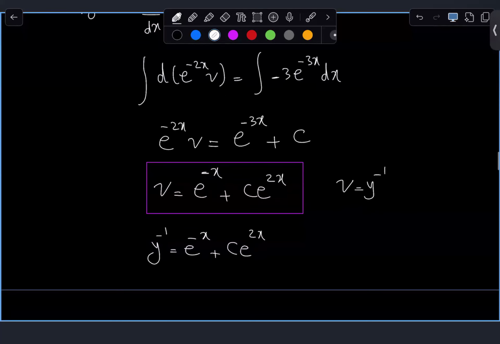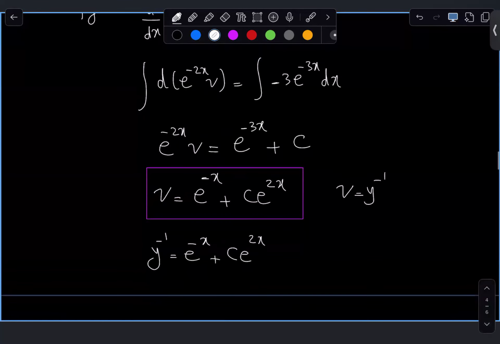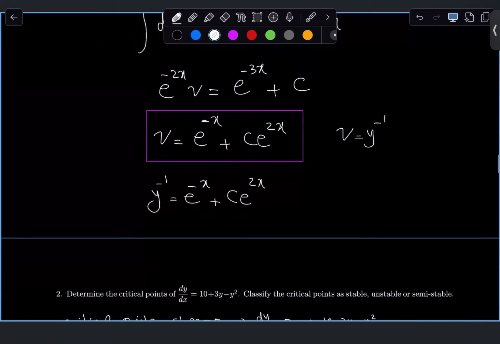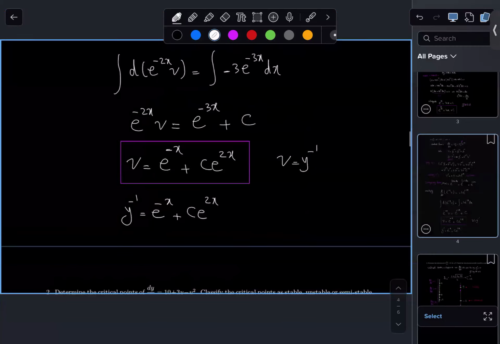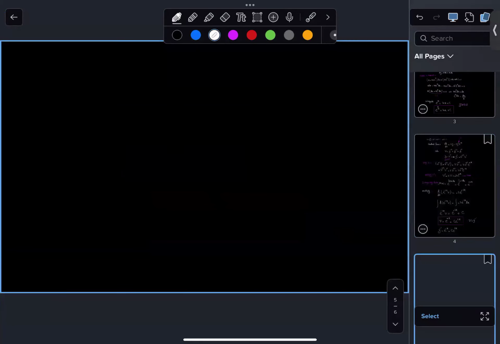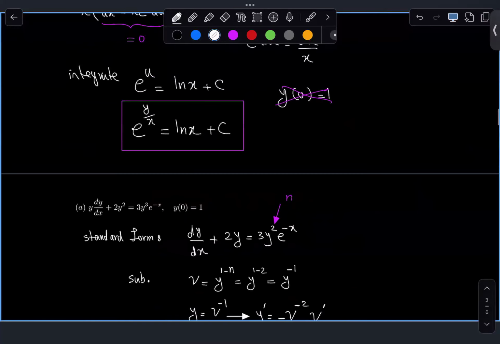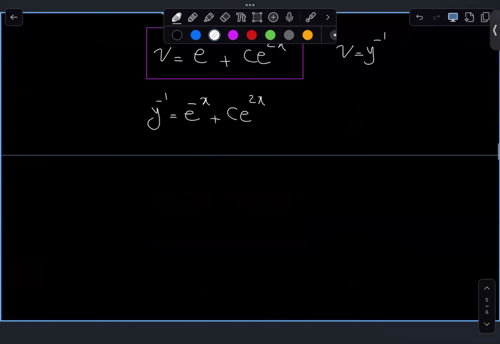Right? And now you also have an initial condition. Hopefully this one is right. If it is correct, you can just plug it in to find c. Okay, so let's do that, and then we're done. So what's the initial condition? y at 0 is 1.